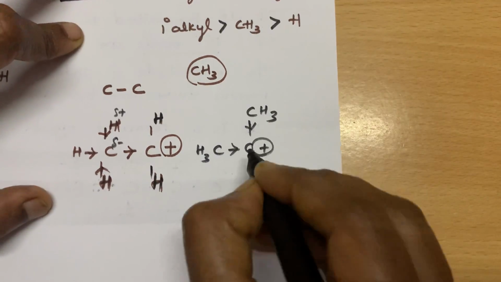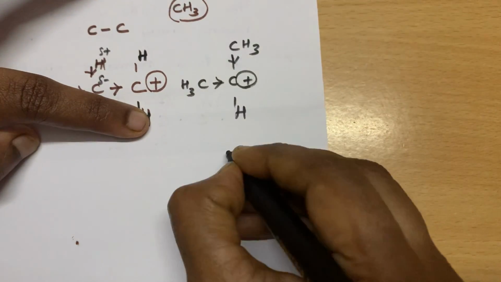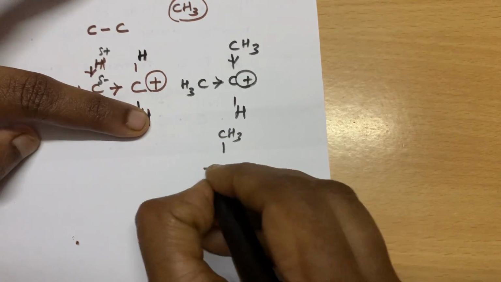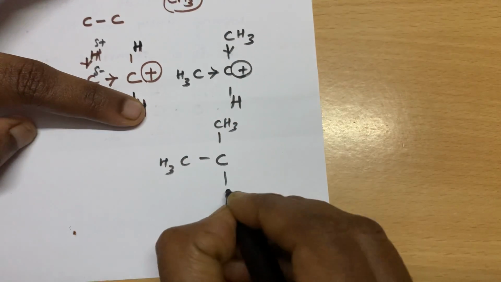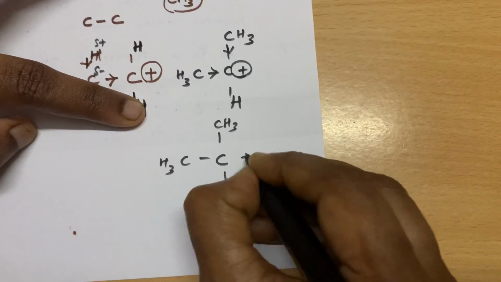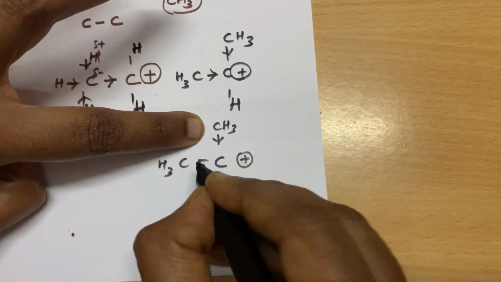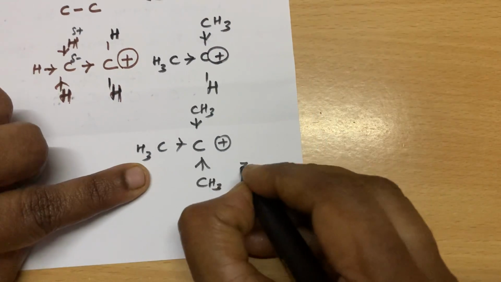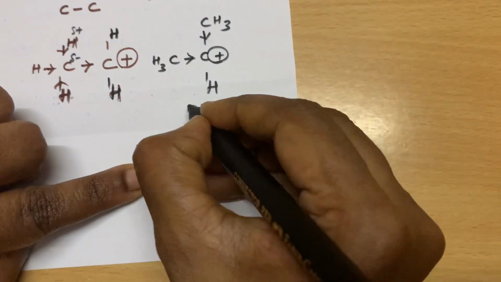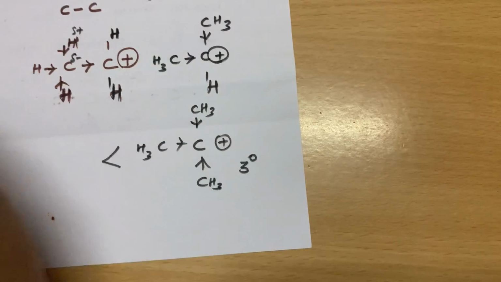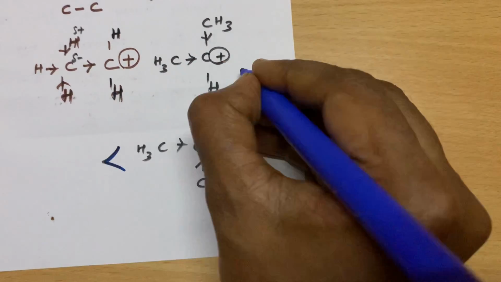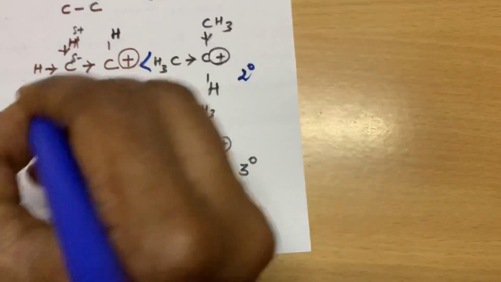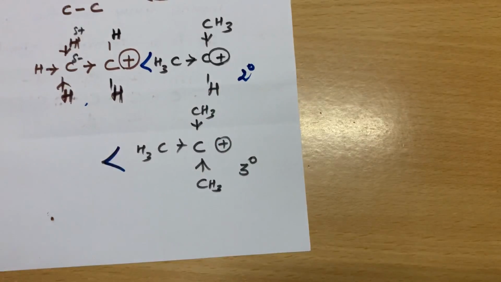Here again I am going to replace another hydrogen also with a methyl group. So there are 3 methyl groups to stabilize this carbocation. That's why the tertiary carbocation is more stable than the secondary one, which in turn is more stable than the primary carbocation.